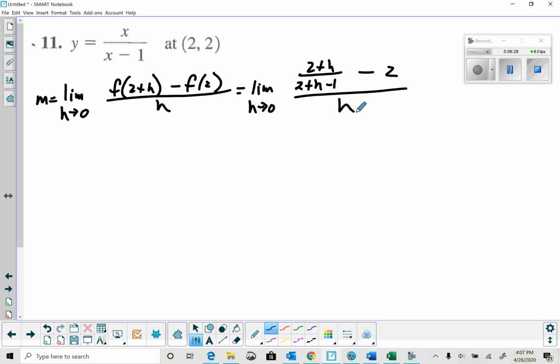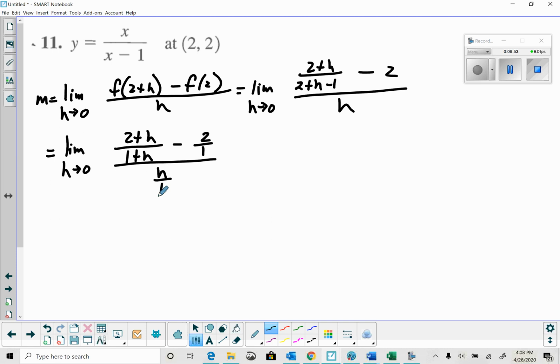And that numerator could use some work, couldn't it? So this is the limit as h approaches 0 of (2 plus h) over (1 plus h), minus 2 over, well, let's make it all look like it's got a fraction, shall we?